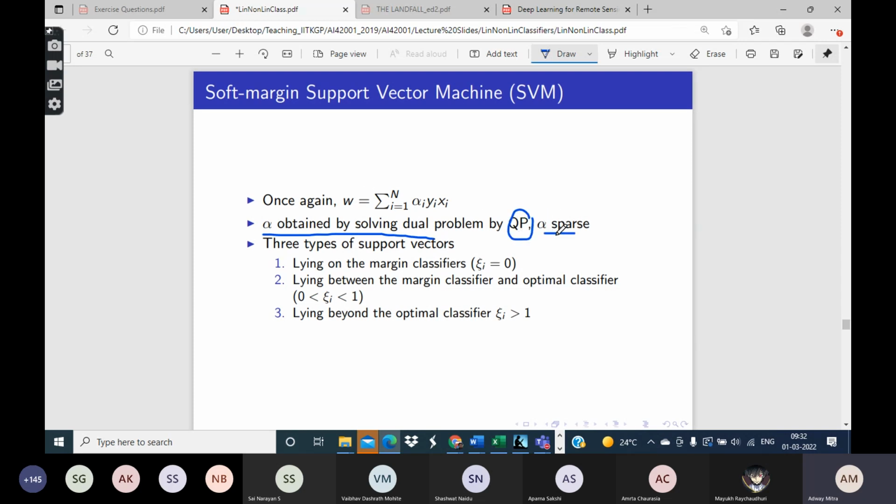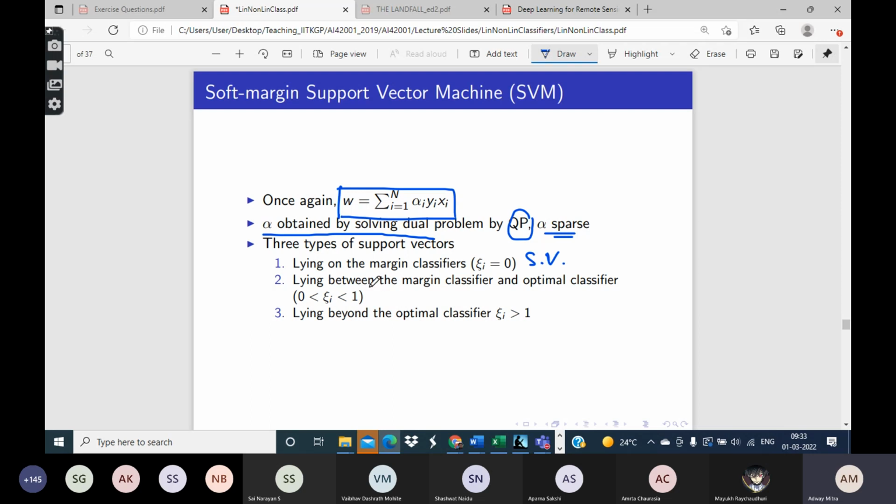And this time also alpha will be sparse. That means for most of the data points, alpha will be 0, and only for the support vectors alpha will be non-zero, just like earlier. Apart from the alphas, when you solve this problem, you will also get the xi's, and you will see that for the points which are lying on the marginal classifiers, that is the support vectors, the xi's are 0.